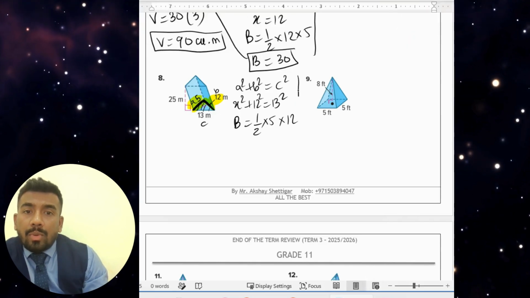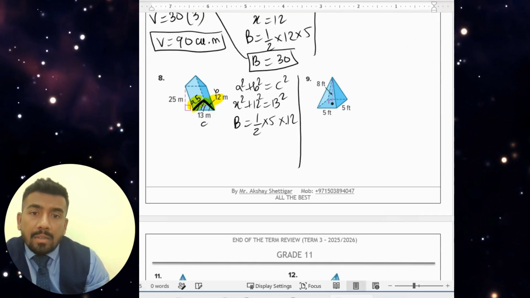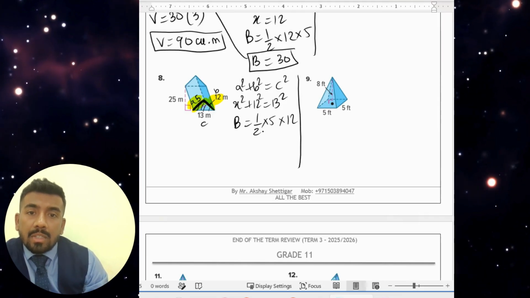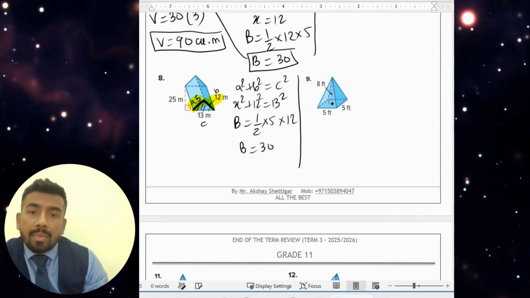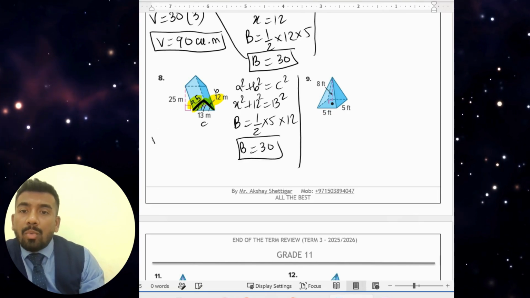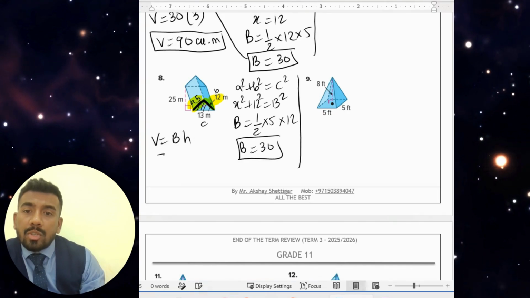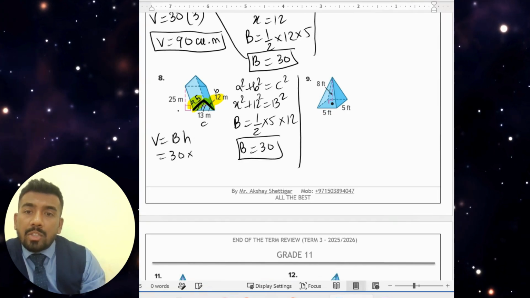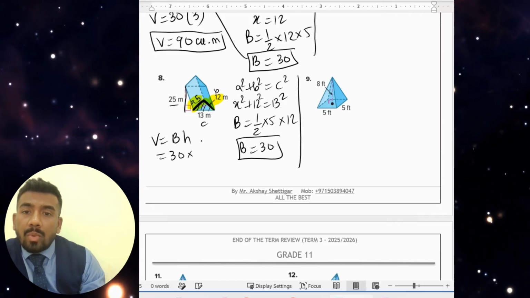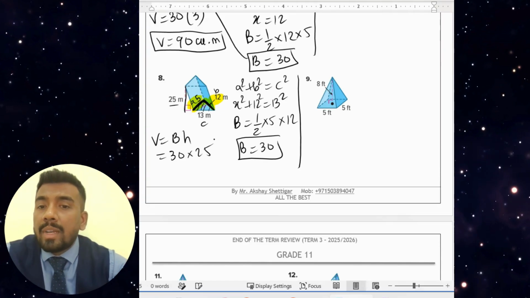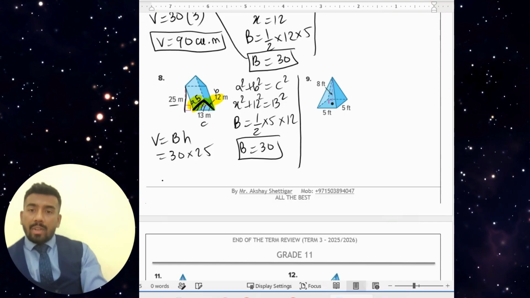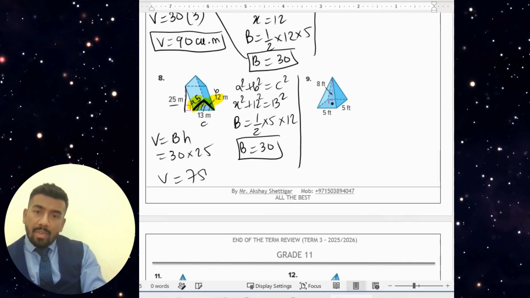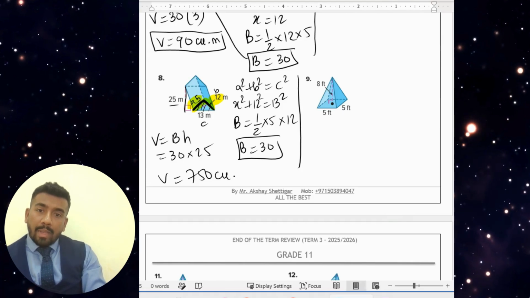So 6 6 5 the 30. Here also it's 30. So B is 30. What's your volume? B times H. So that's 30 times H. Now what is the H? The height, how much is it? 25. So what's 30 times 25? I think 750. The volume will be 750 cubic meter.